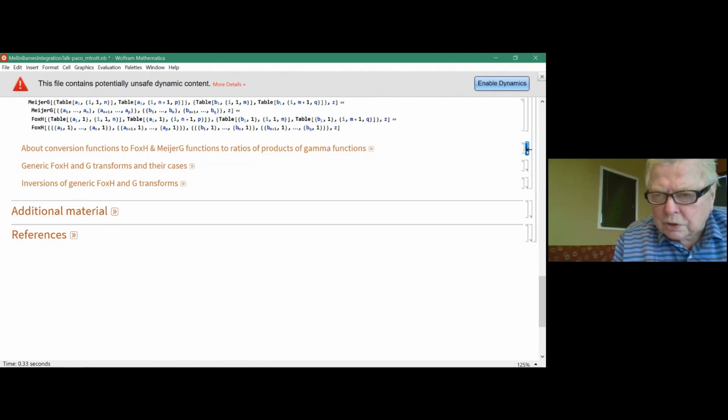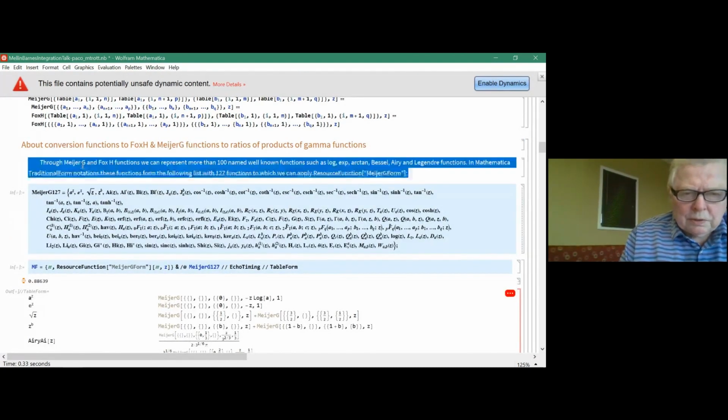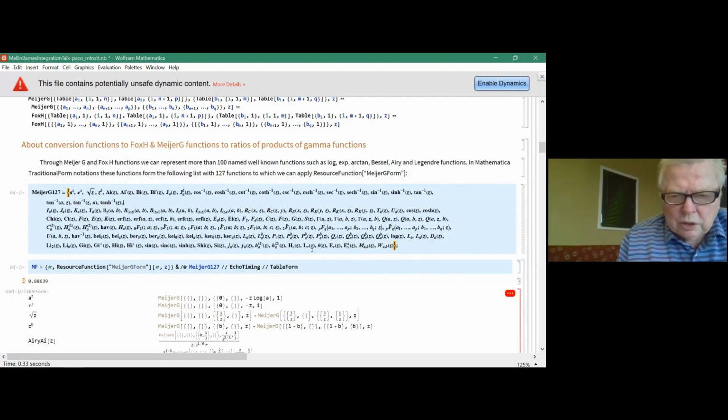What is interesting here? If we try to evaluate how many functions are representable through FoxH or through MeijerG, here you see 127 functions, and if we load this collection of functions, we can evaluate for each of them the representation through MeijerG.